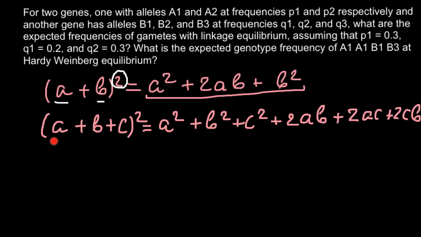So let A stand for B1, and B stand for the frequency of the allele B2, and C stand for the frequency of the allele B3. So in order to get A squared, we have to get two alleles B1.